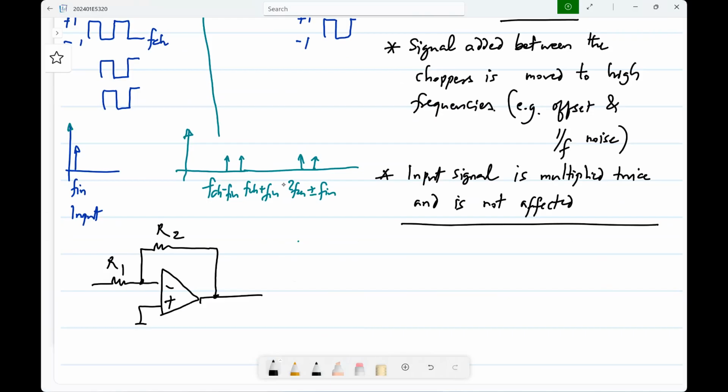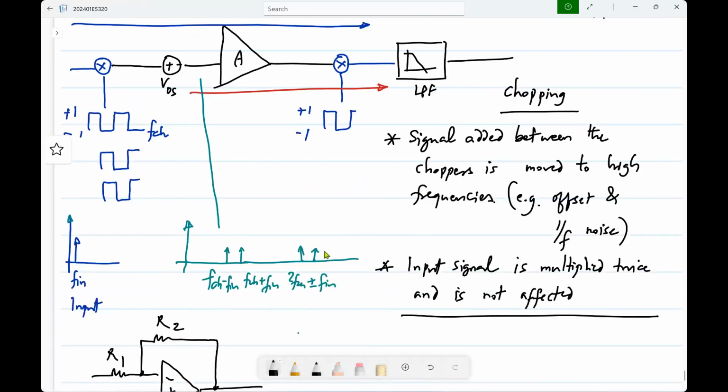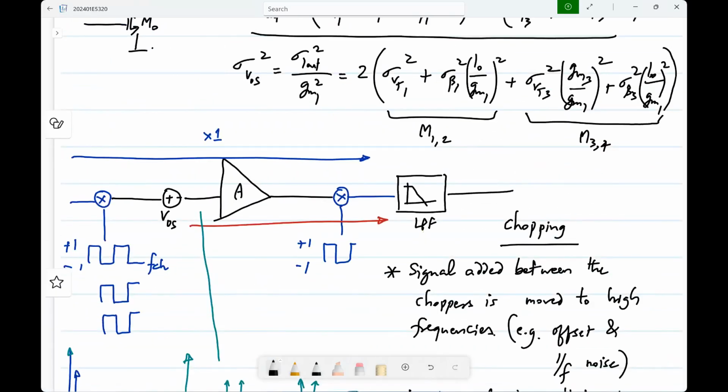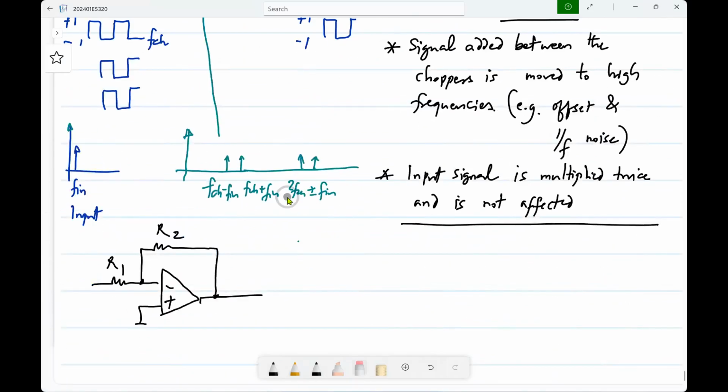But that doesn't do anything, right? Because basically you are saying this, but if this A is different from 1 or -1, then how will that change? The gain from here to there is still A, right? What can you do? The mismatch where?